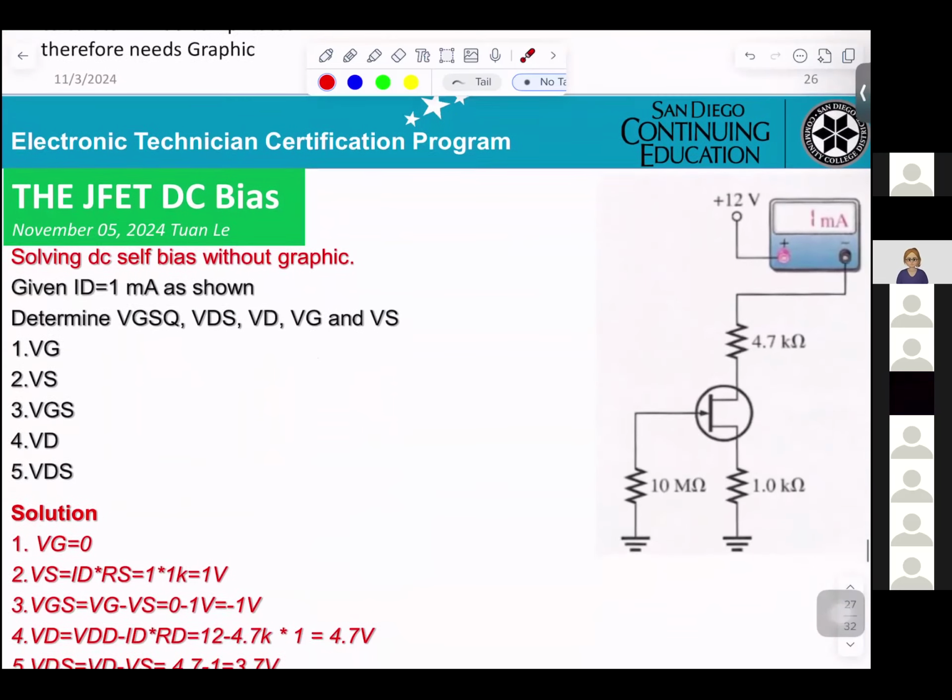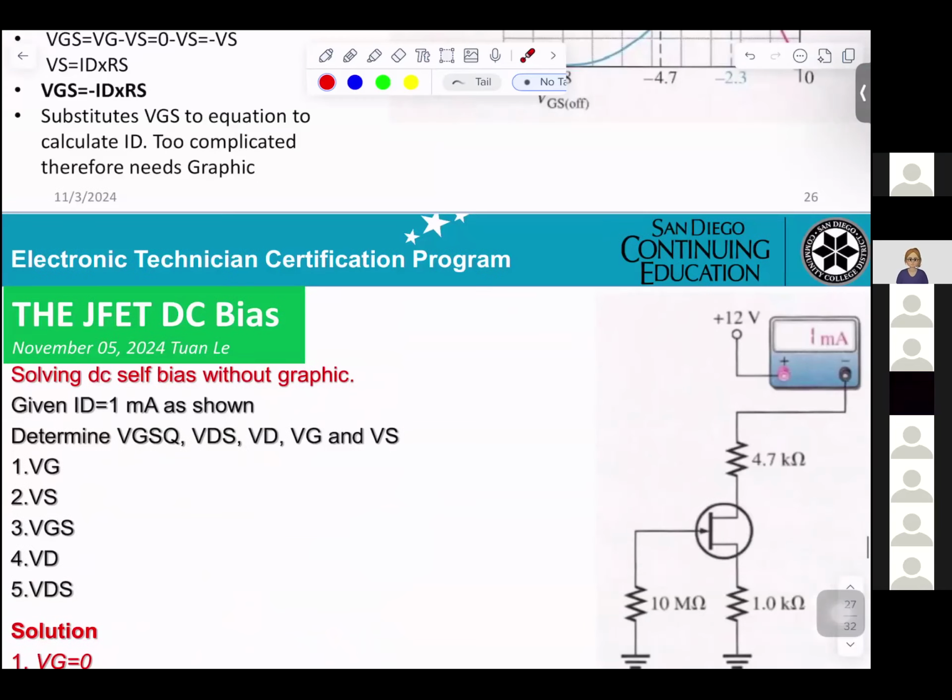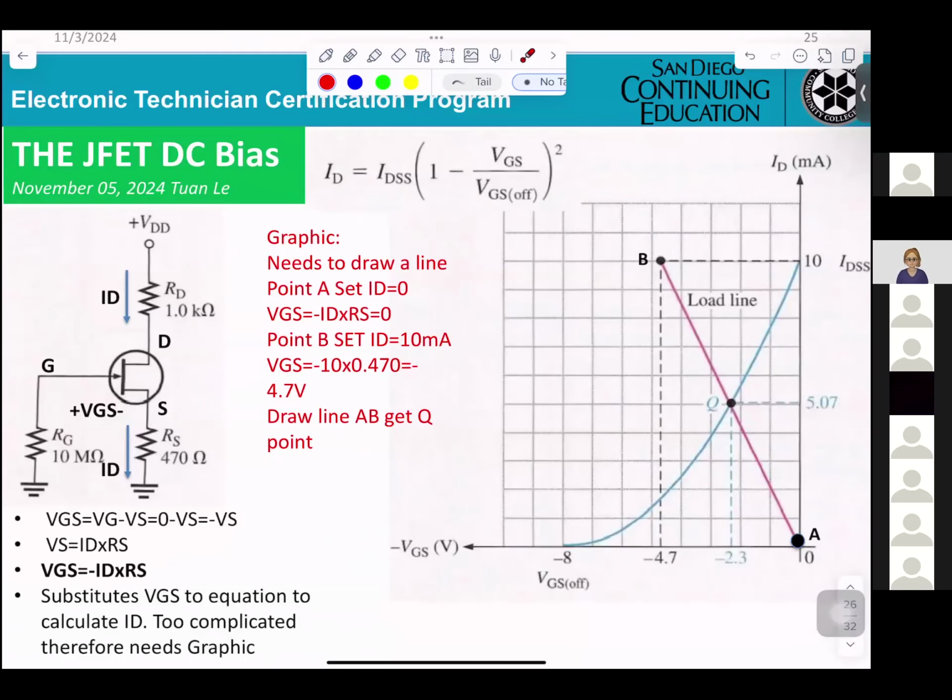Hey, Mr. Pham, on point B, is that just a random point? I understand that at point A, you want the voltage to be at the 0 point. That's why you put A at 0. Right, ID, VGS 0.